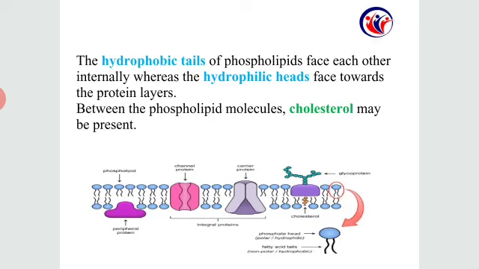Now the protein layers we are talking about are especially those on the surfaces. Then between the phospholipid molecules, cholesterol may be present. Now, cholesterol is a steroid. It is wedged between the phospholipid molecules in the plasma membrane, and it ensures there is stability. So it stabilizes the membrane fluidity.